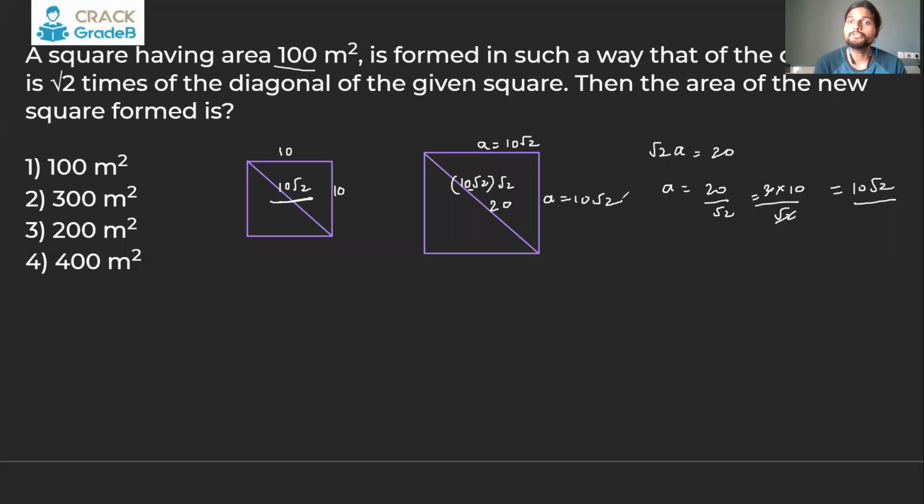You are asked the area, so area will be side square, that is 10 root 2 into 10 root 2, so 100 into 2, 200 meters square. Option number C should be the answer.